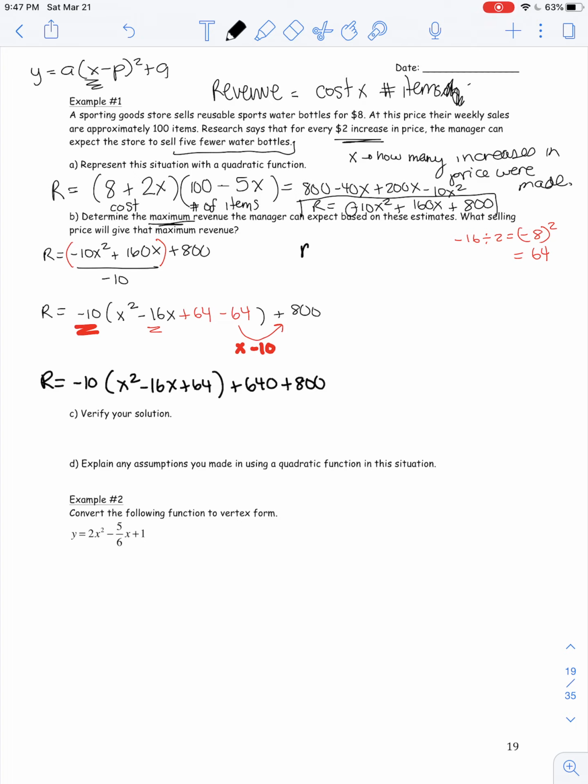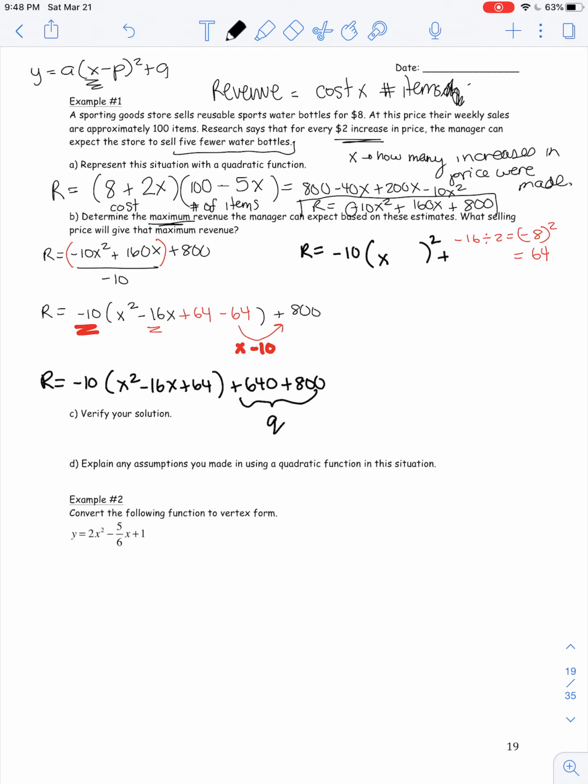Our next step is now to start getting into vertex form. So this is where we have to factor it and write it as (x something)², so it could be (x + p)² or (x - p)². And then plus q, which we get from adding these together. This is our q.